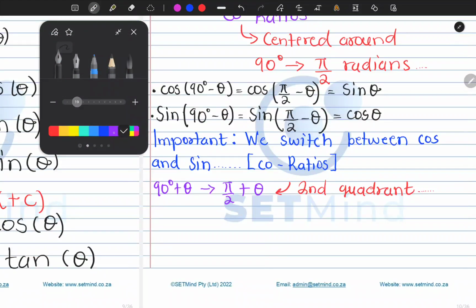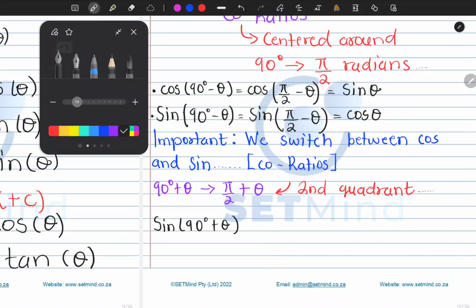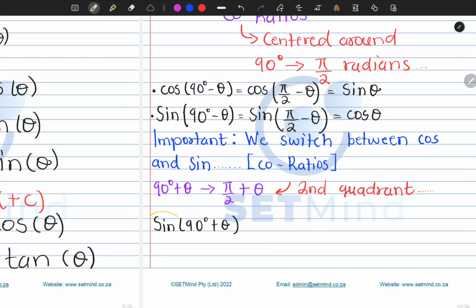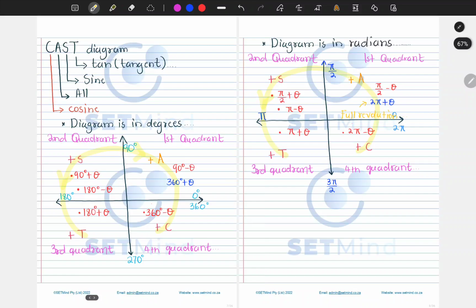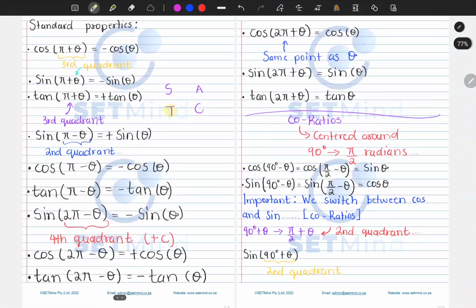So let's see what I mean. If we have sine of 90 degrees plus theta, this is the second quadrant, obviously, as I noted on our cast diagram. Let's quickly jump back to it. There you go, so 90 plus is on the second quadrant.